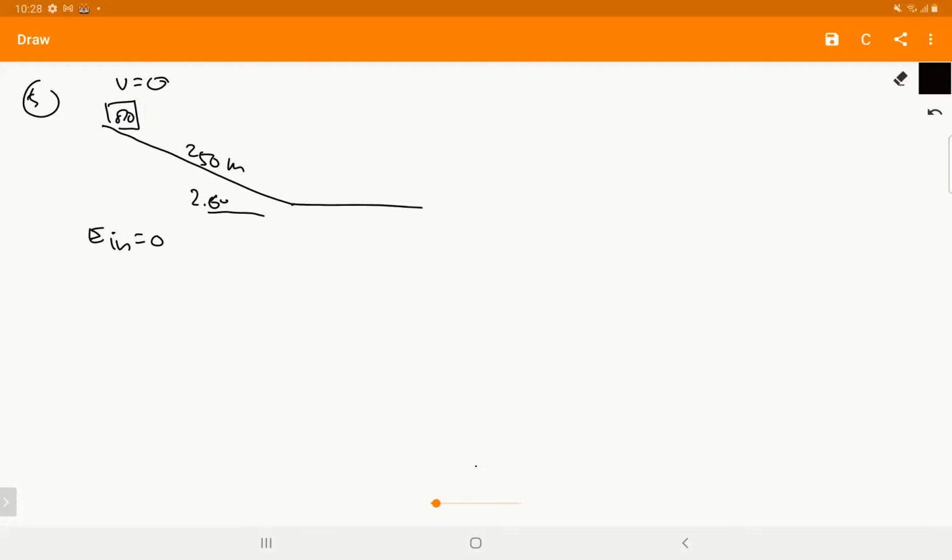It's given that the cyclist passes through B with a speed of 9 meters per second. Here, the velocity at B is 9 meters per second. Find the gain in kinetic energy. So the first question is, what is the gain in kinetic energy? That's KE2 minus KE1, which is very simple, right?